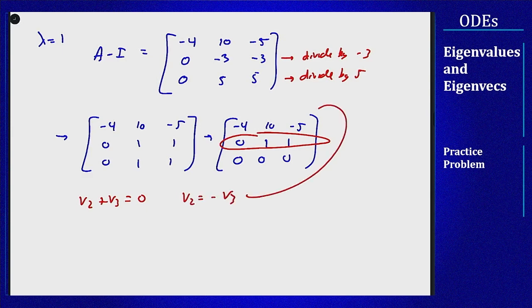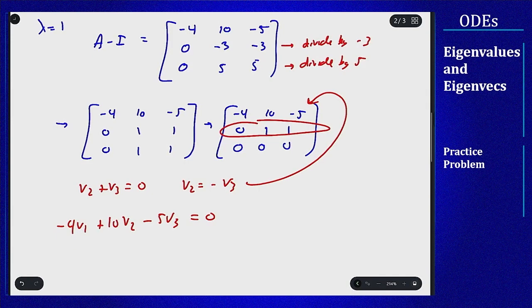Putting that into the first equation gives me -4v1 plus 10v2 minus 5v3 equals 0. But if v3 is negative v2, this becomes -4v1 plus 15v2 equals 0, because the 5v3 is now negative 5v2, so they add together to give me 15.